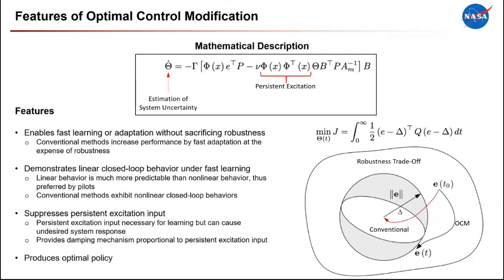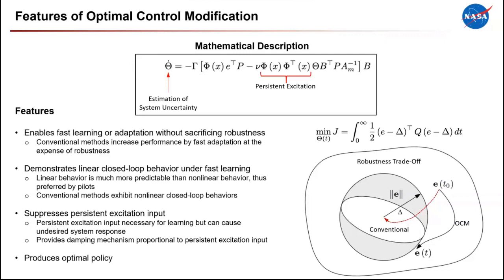and the closed loop system can go unstable. The OCM does not go to the origin, but instead goes close to the origin, so it stays away from that hypersphere by a small radius delta. In doing so, it trades performance for robustness, and you can adjust the trade-off by adjusting that delta parameter.